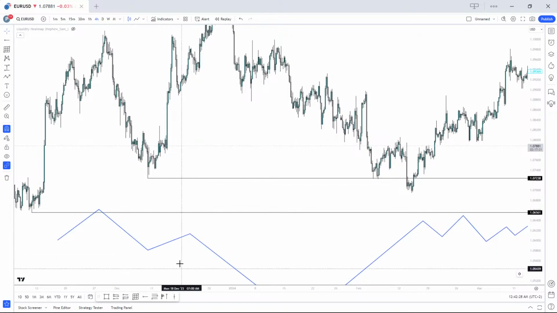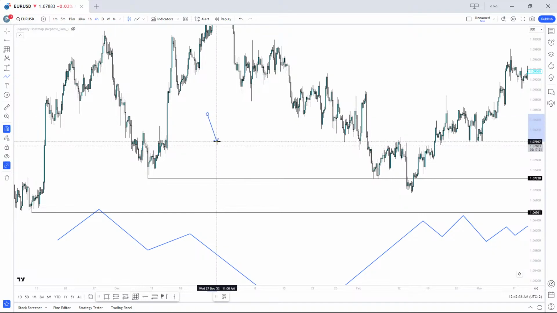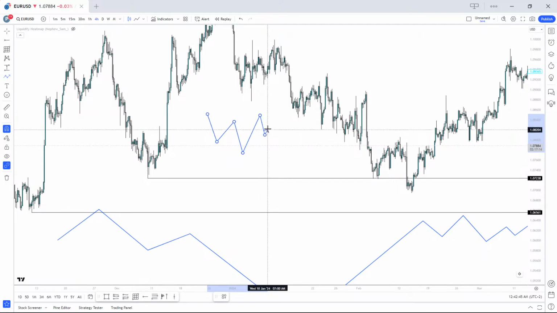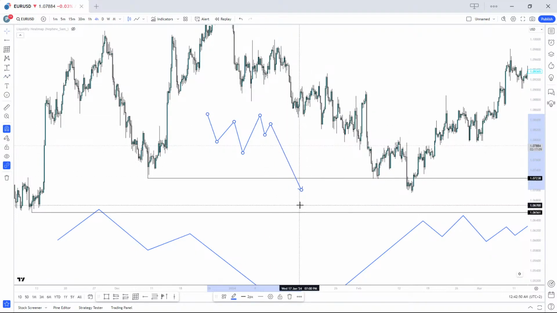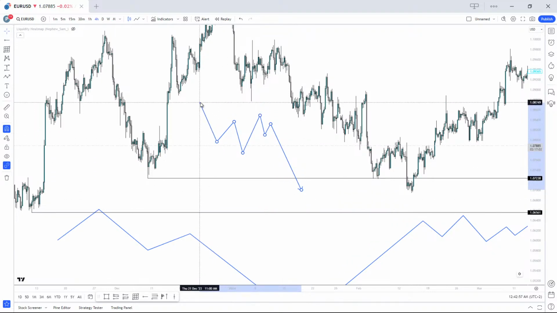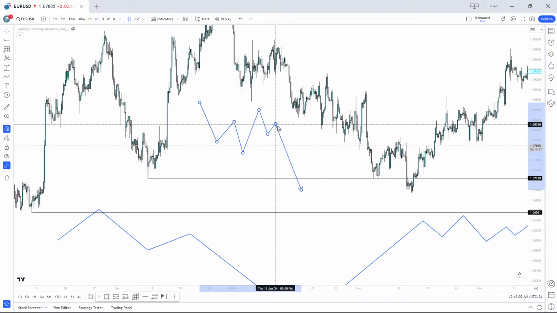What we're searching for is a continuing downtrend, but this spike causes the break of structure, but it breaks like this and then continues down. Make a bit more sense. Okay.